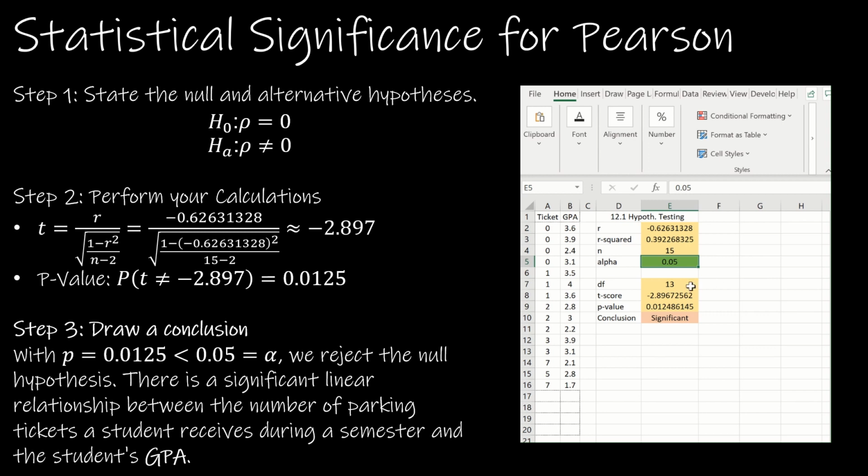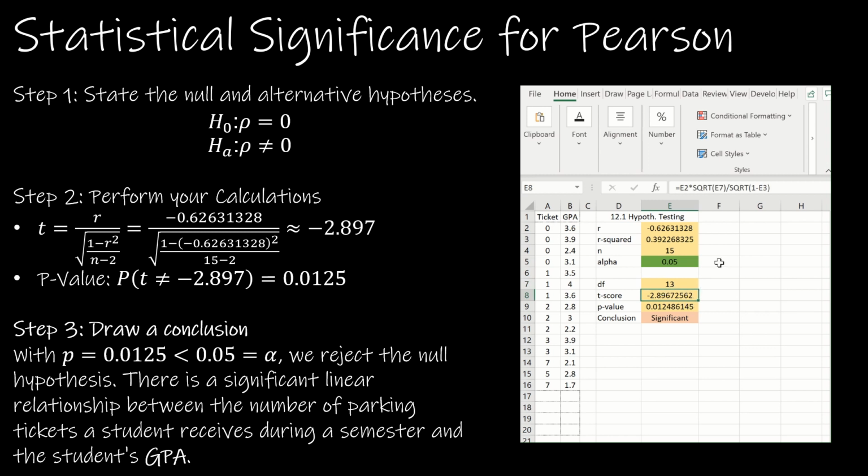The degrees of freedom, again, this is something that's going to be calculated for me. The degrees of freedom is n minus 2, so notice I'm just taking the n value and subtracting 2. And then the t-score, I'm just using that formula.